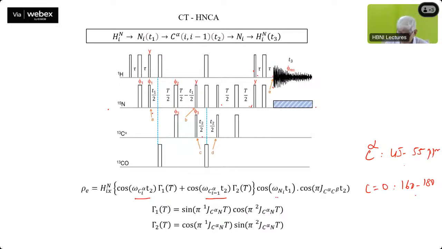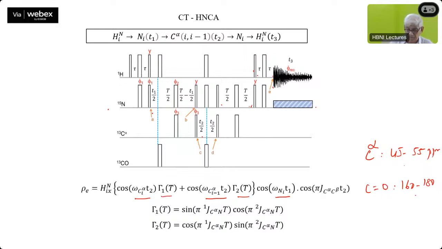Now, what is this here? T1. T1 indicates the labeling of the nitrogen. That is happening here. So in the T1 period, you have the labeling of the nitrogen. Of course, this is coupling constant dependent, which means it leads to a splitting of this C alpha due to the coupling of C alpha and C beta. And these are constant time dependent coefficients.